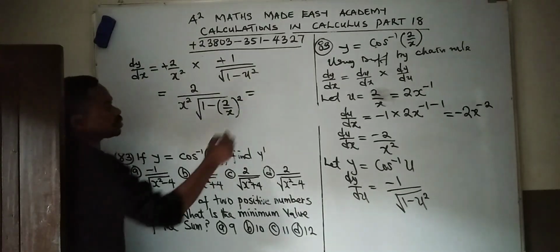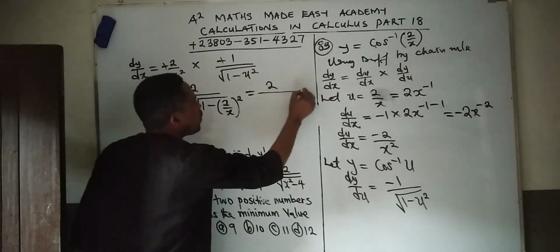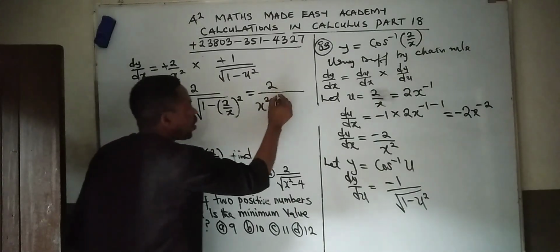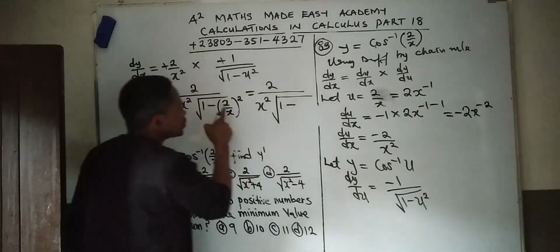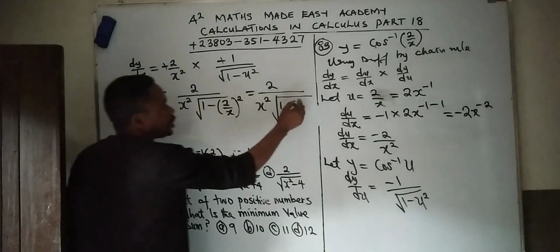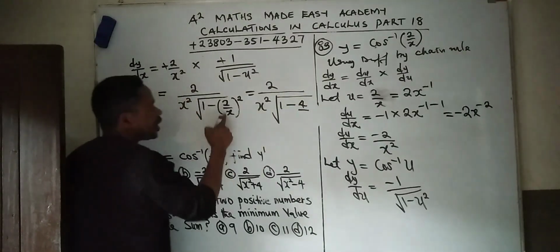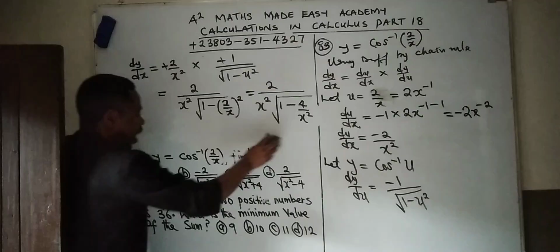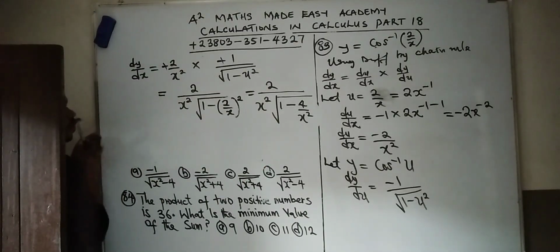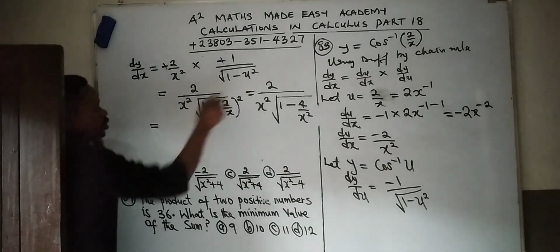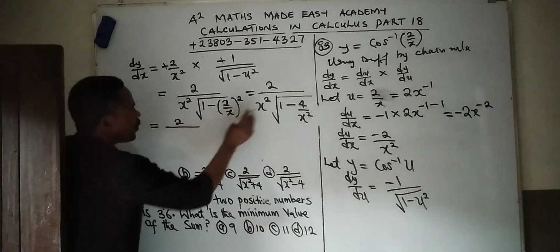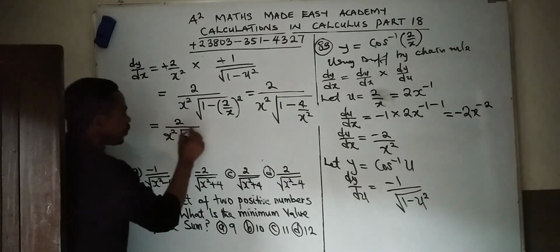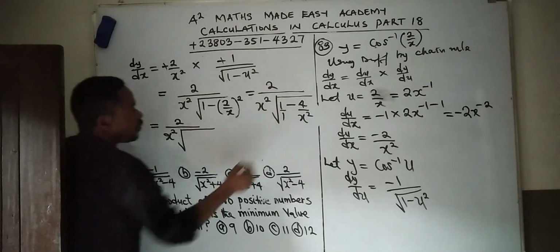This is now equal to 2 all over x squared, then square root of 1 minus, open the bracket, 2 squared will give you 4, all over x squared. Are you following? Now take the LCM, call this over 1.